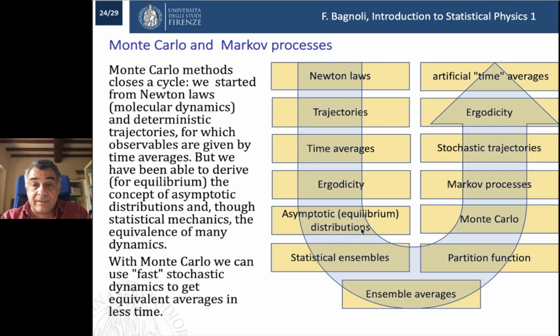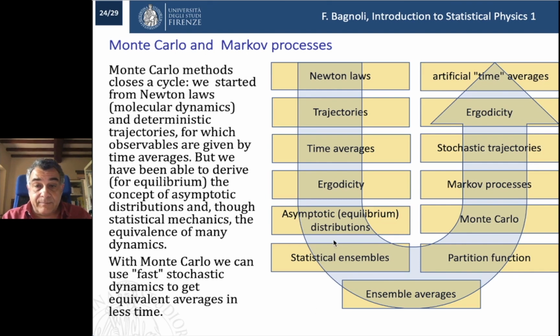And with distributions, clearly we leave the idea of following a trajectory, but rather we are interested in the average behavior of a system. But for the average, we have to introduce the statistical ensemble, so average over which constraints we consider.